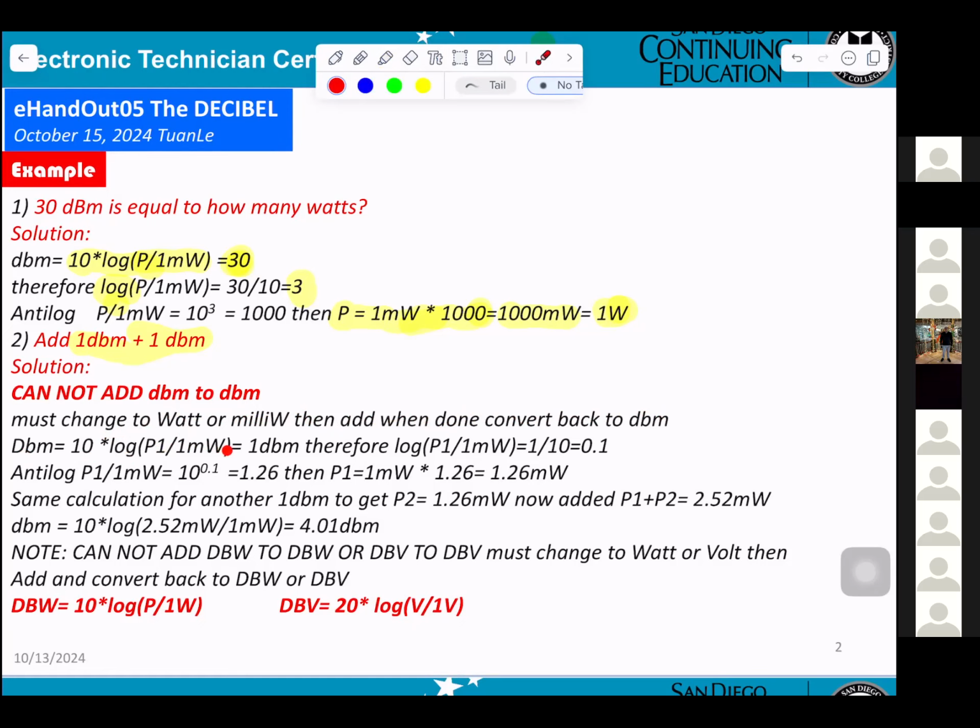That is the formula. Equal to 1 dBm. Therefore, log of P1 over 1 milliwatt equals 1 divided by 10. Okay?